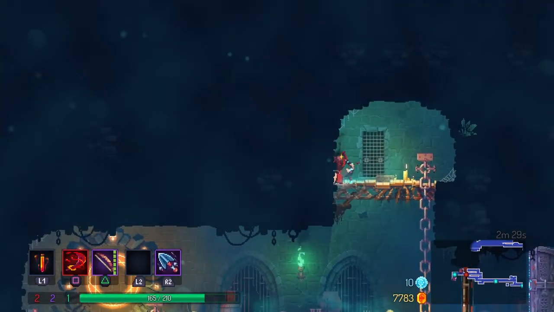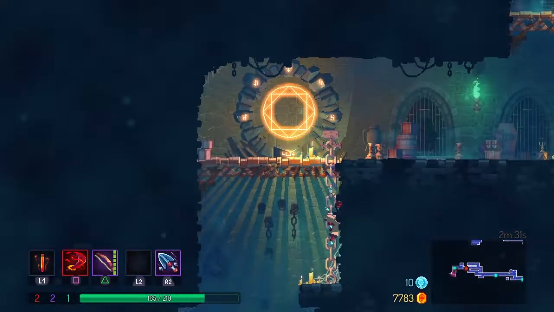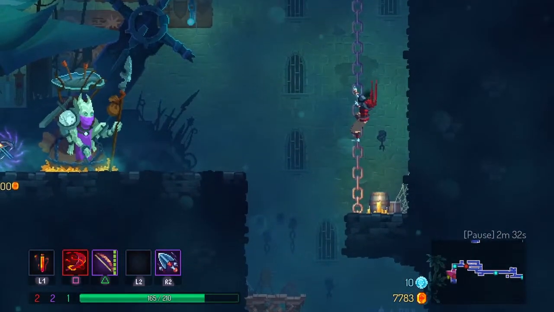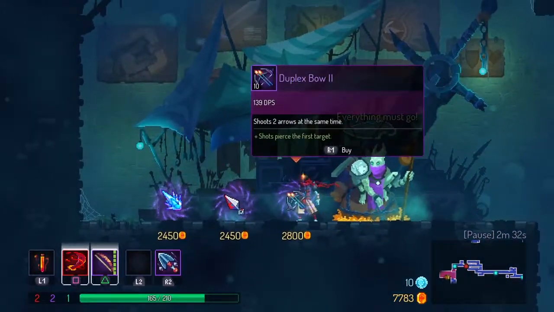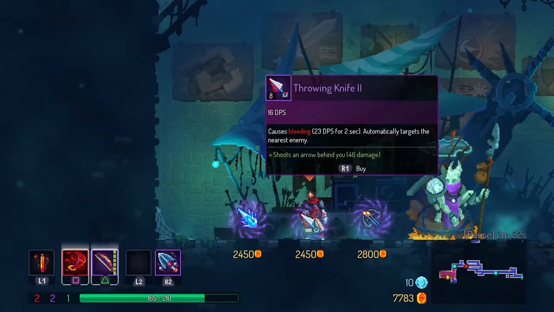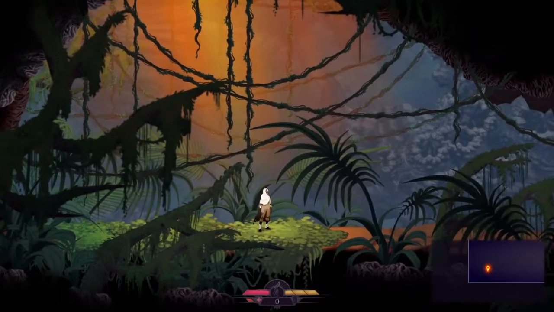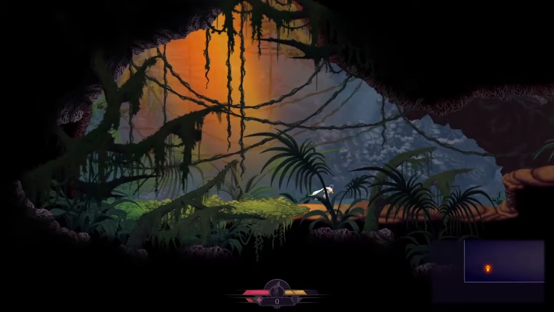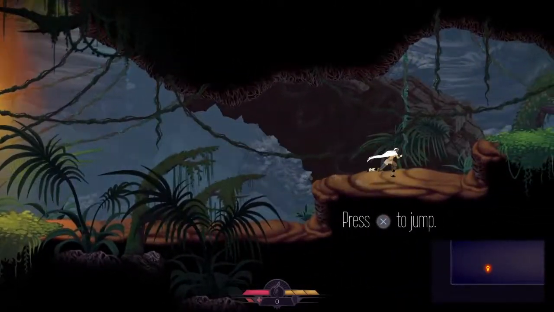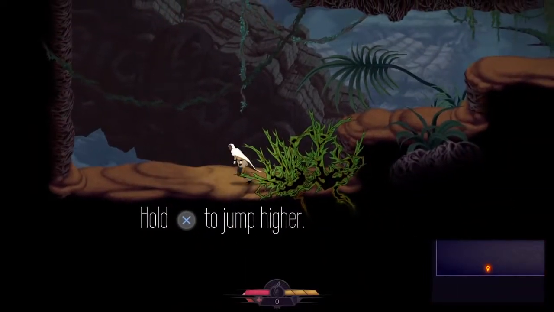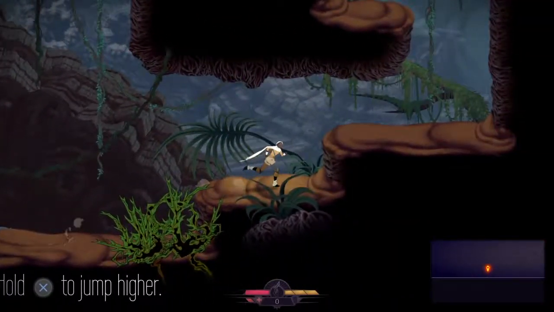But the thing to be noted at this stage is that both of these games are essentially two opposite sides of the same coin. Dead Cells is a roguelike game with Metroidvania elements, whereas Sundered is a Metroidvania game with roguelike elements. Now, just so that I've got this front-loaded, Dead Cells is the roguelike that I think works, and Sundered is the one that I think doesn't. And all the reasons I'm about to present for why that is essentially boil down to that one difference that I just described.